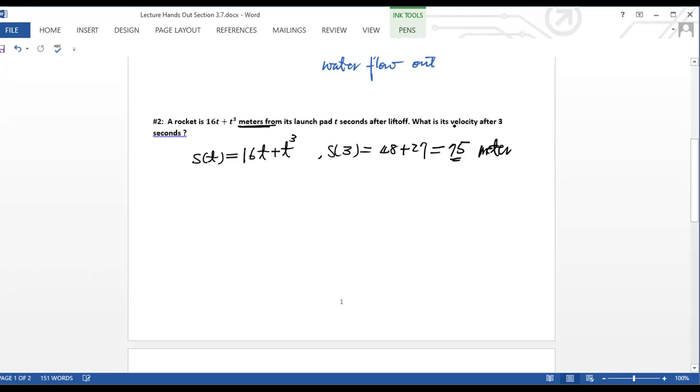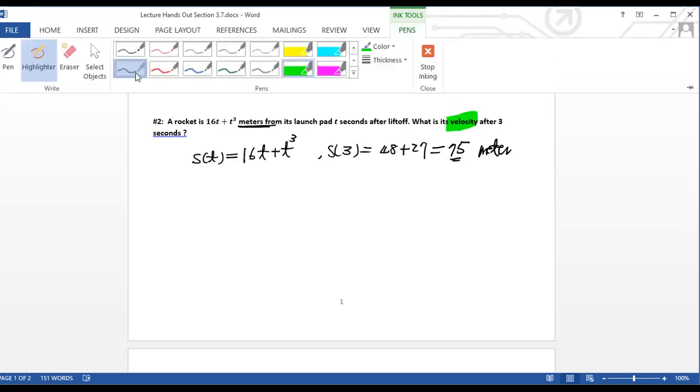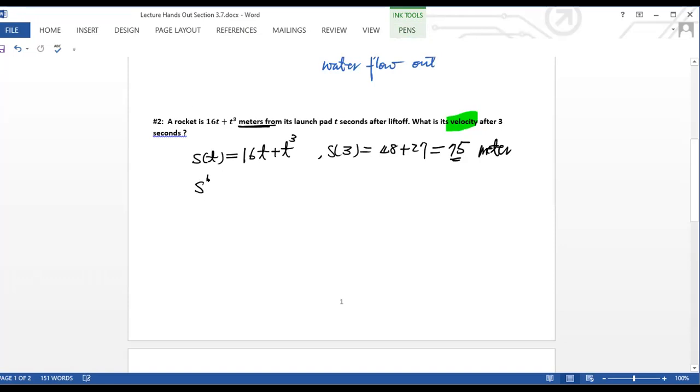But they want to find the velocity after 3 seconds. So what should we do? We should take the derivative, that's the rate of change of your height. So this will be 16 plus 3t squared. So s prime of 3 will be 16 plus 3 times 3 squared.